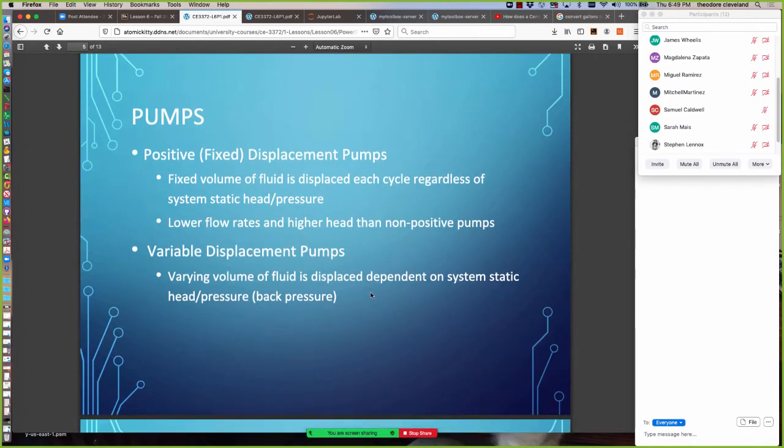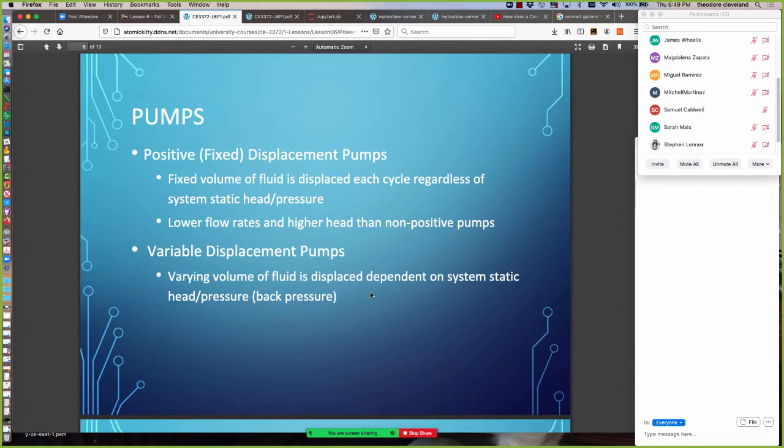So pumps come in two flavors, positive displacement and variable displacement. The positive displacement is characterized by the volume of fluid displaced each cycle being the same, more or less regardless of the system head or pressure.